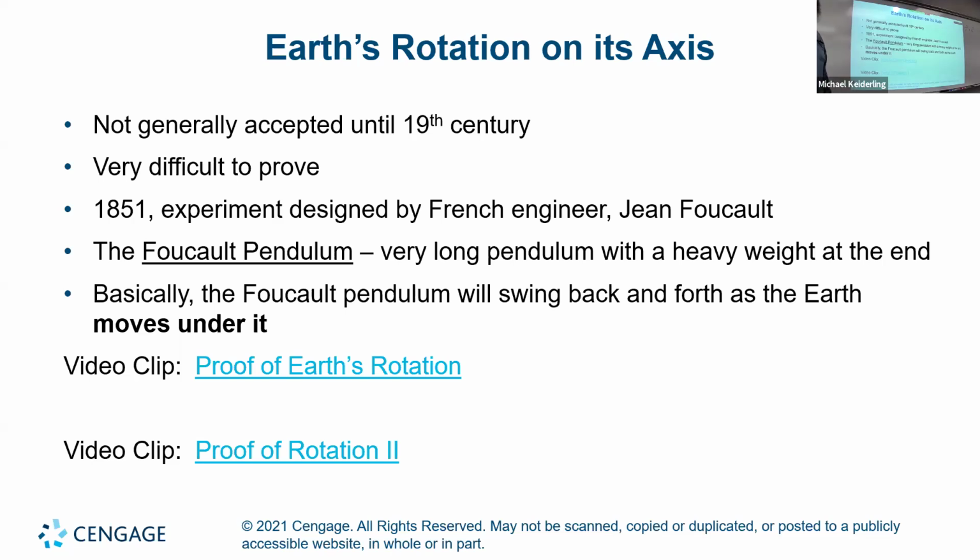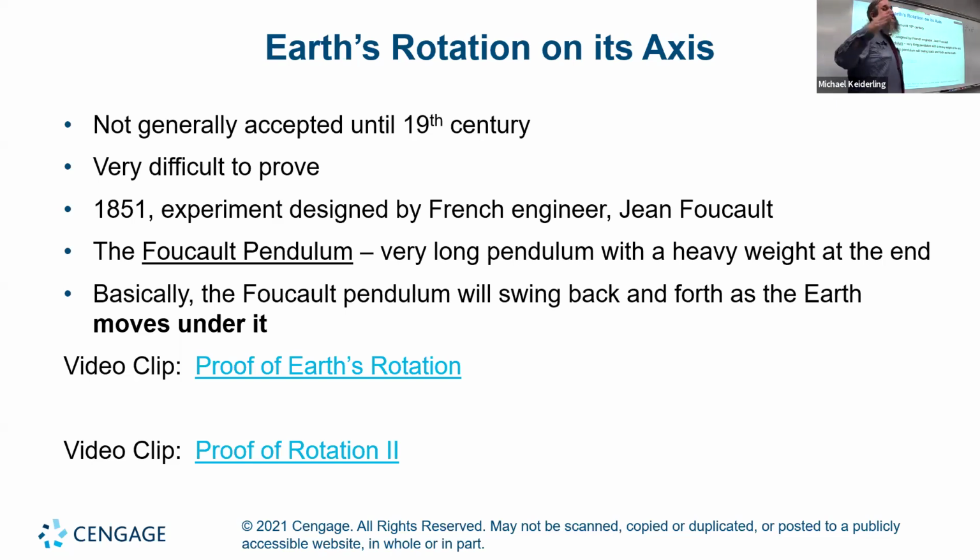So it's a very long pendulum with a heavy weight at the end, and basically the pendulum will swing back and forth as the Earth moves underneath it. That's the general idea. And then depending on where you are on Earth, that determines how fast it will rotate. So it won't rotate at all at the equator. It'll rotate in 24 hours at the poles.